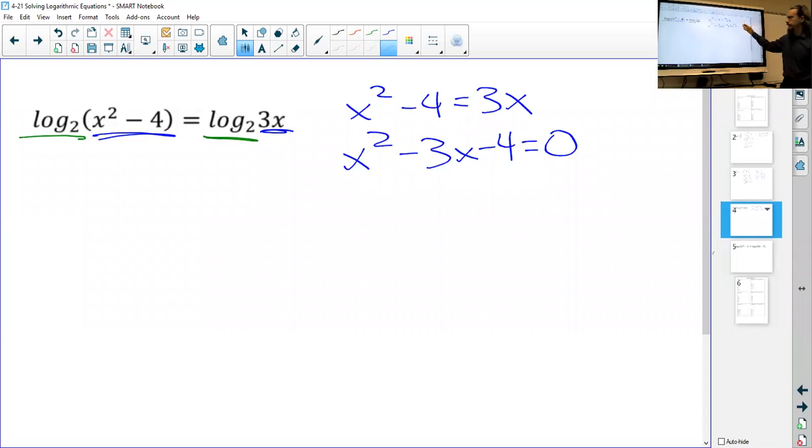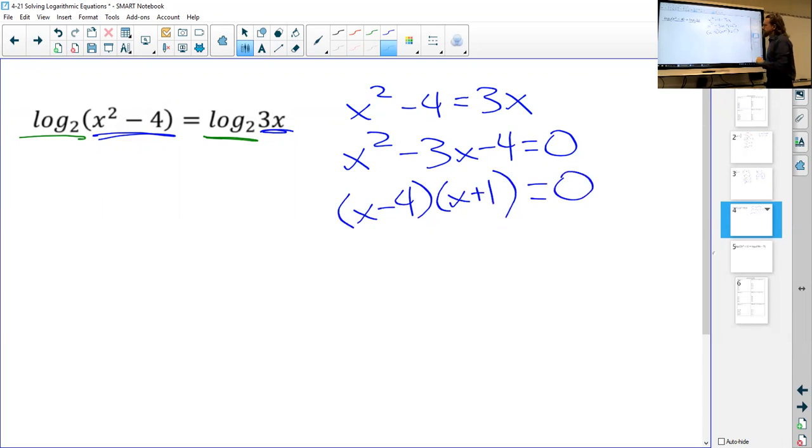I'm going to stick with factoring because we just have x squared, so we can probably factor this. So what two numbers multiply to -4 and add to -3? That is -4 and +1. And that still equals 0.